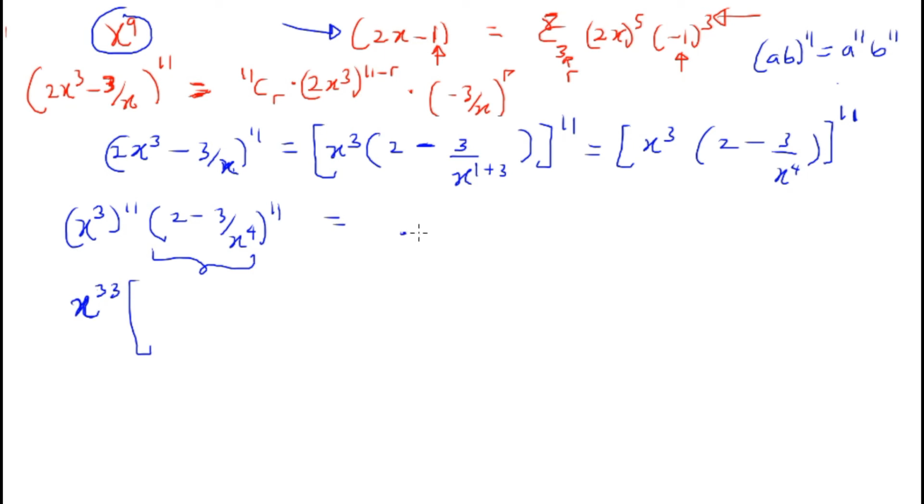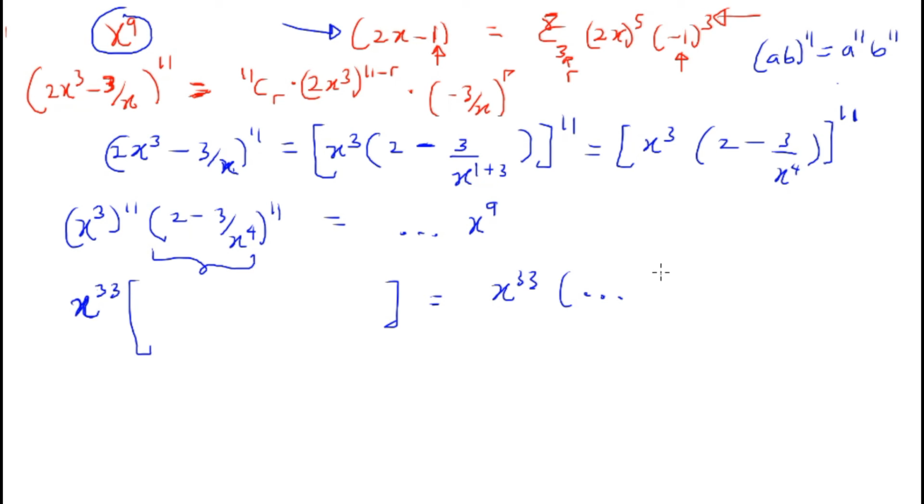I need to have some figures right here, and then x raised to power 9. And for me to have that, I would have multiplied x raised to power 33 by something.